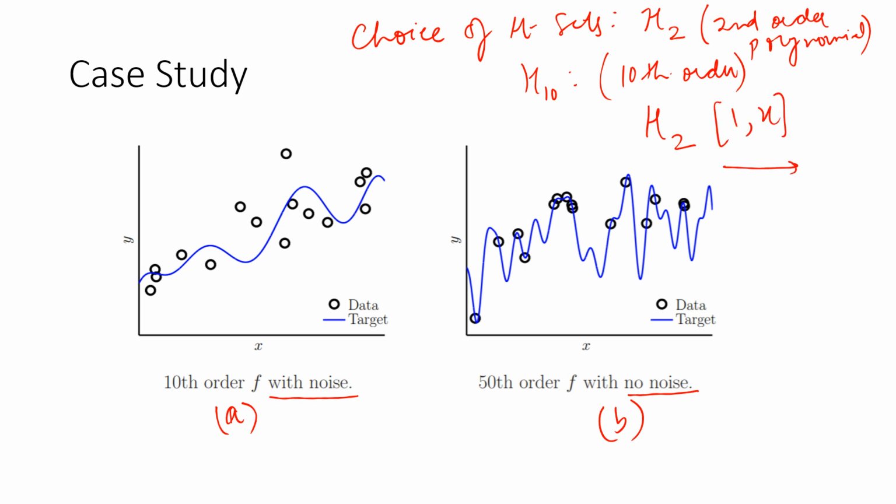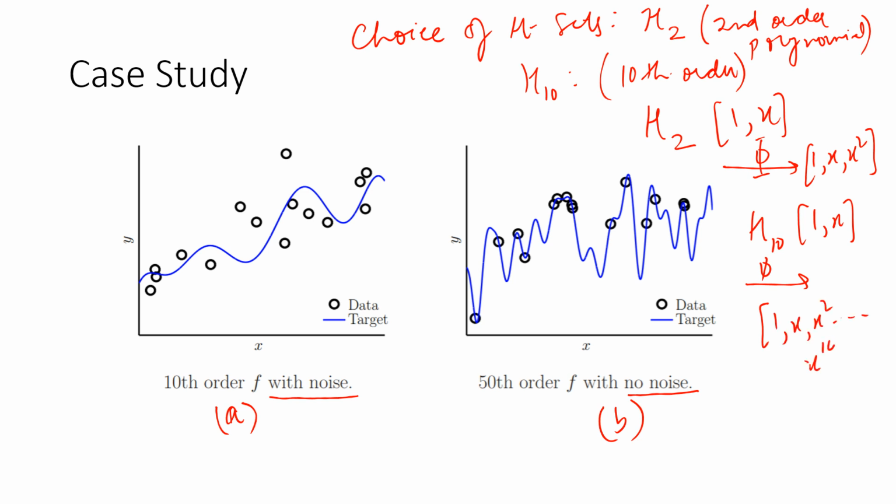With the transformation, I'm going to get 1, x and x squared. And similarly for H10, again I have 1 and x. I'll apply the feature transform and I'm going to get 1, x, x squared, and so on, all the terms up to the x 10th power. This is how I'm going to get these hypotheses.